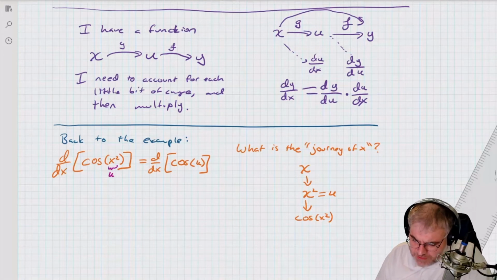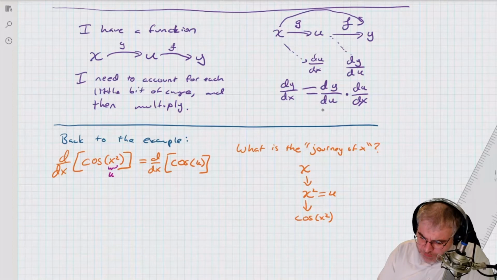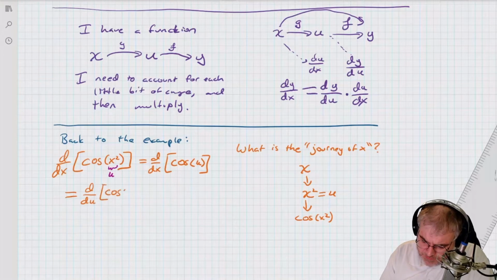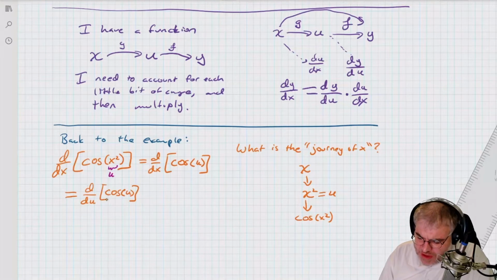Now, my chain rule says that I need to take the two things and multiply them together. So I'm going to take d over du of cosine of u. I'm going to multiply. So this is the change I get from cosine. And then I'm going to multiply the change I get from x squared.